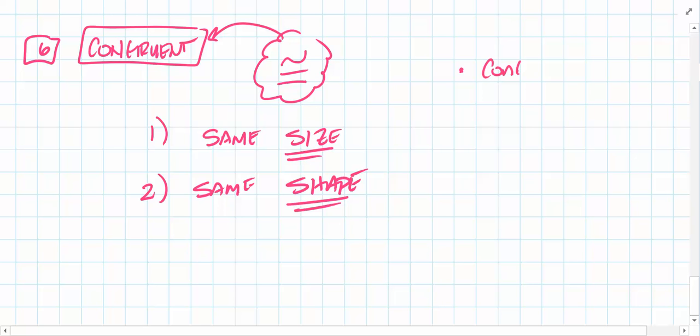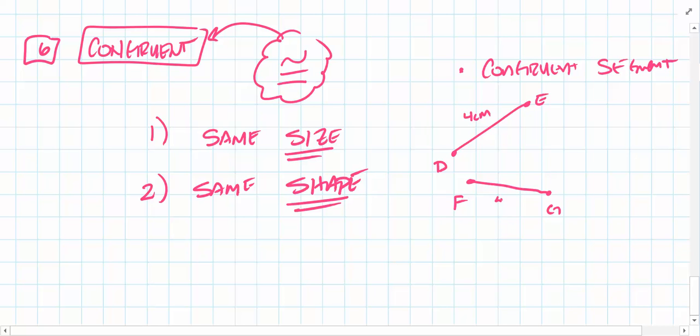segment. A congruent segment. So if I have this right here, and I have that right there, and I call this DE, and I call this FG, and I say this is 4 centimeters, and I say this is 4 centimeters. Are these congruent segments? Well, do they have the same shape? Yeah, they're both line segments, so that's kind of like a duh. They already have the same shape, but are they the same size?